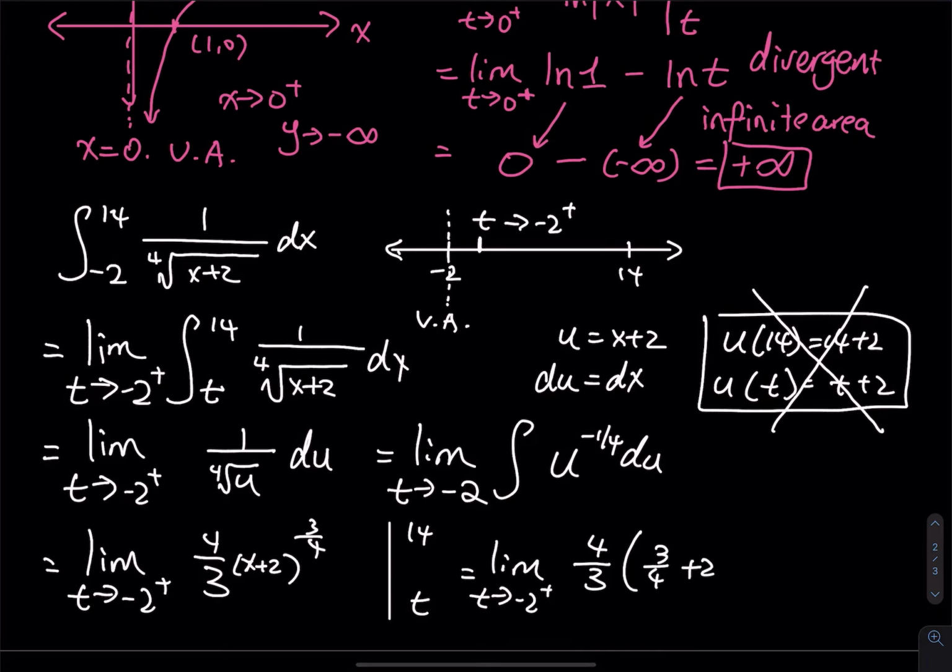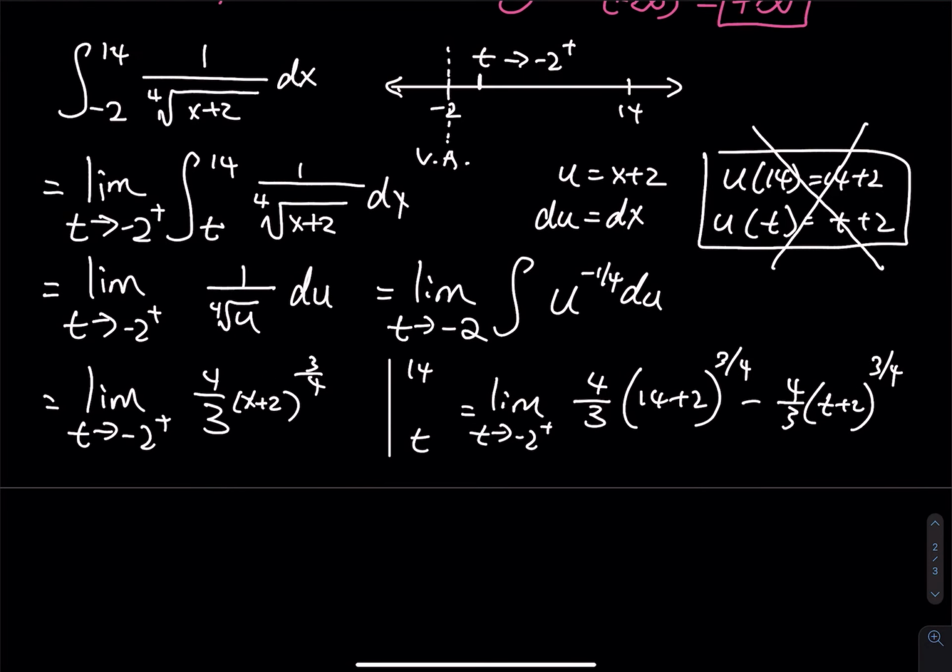Not 3/4 plus 2. Why did I say 3/4 plus 2? 14 plus 2. And then raised to the 3/4. And then minus the t plus 2, so 4/3, and then we have t plus 2 raised to the 3/4.